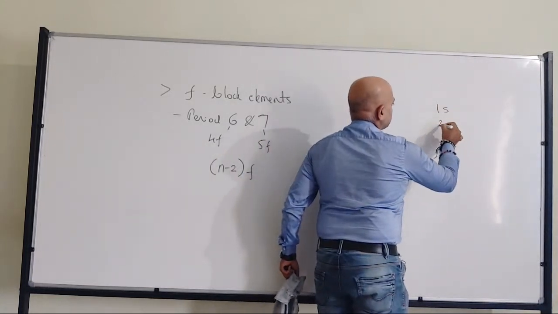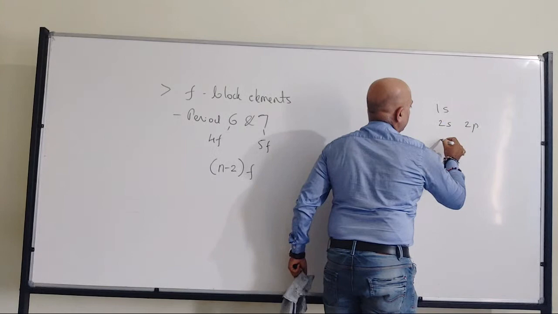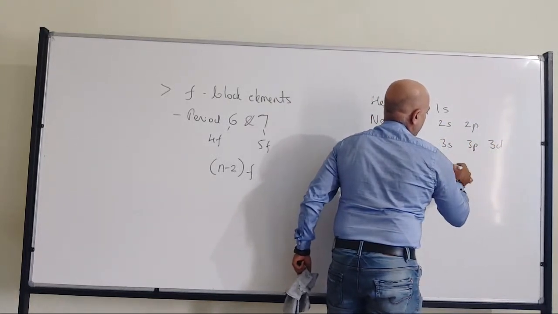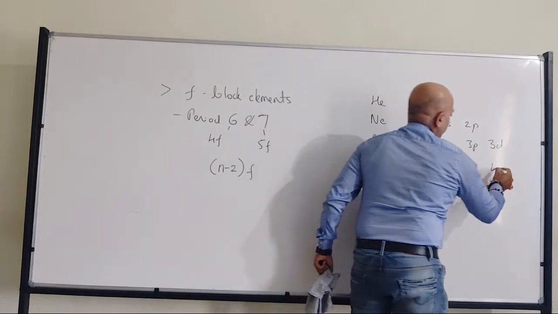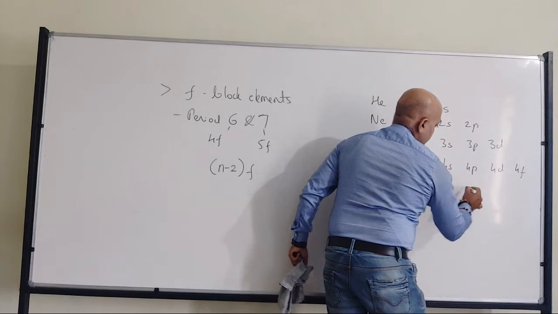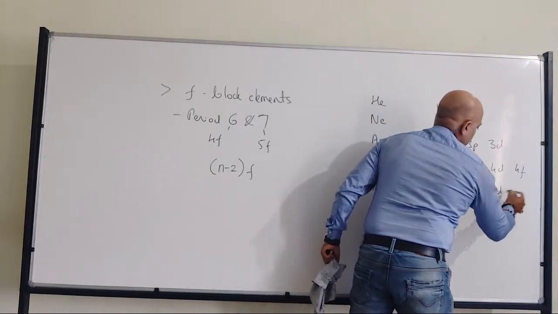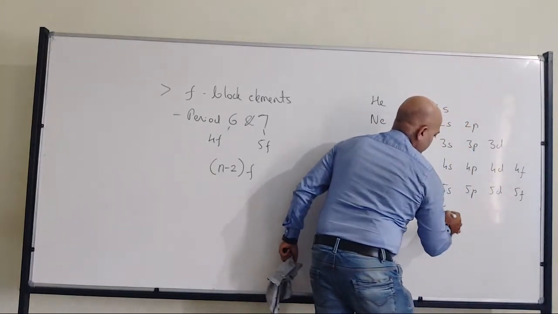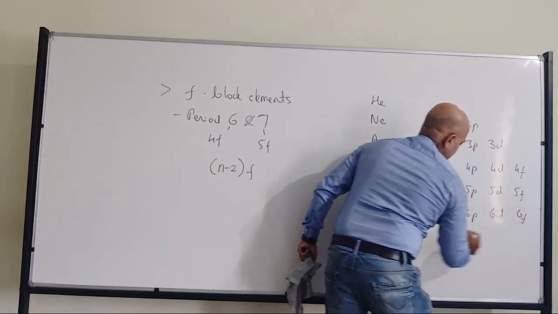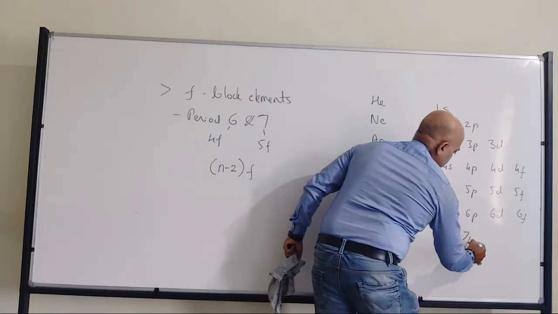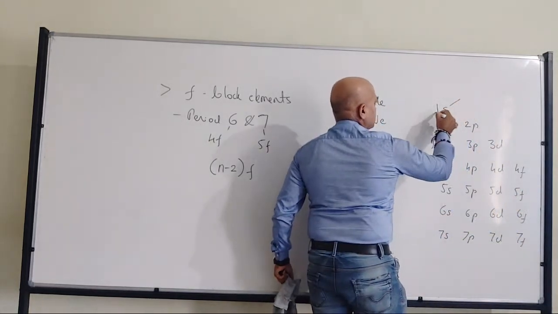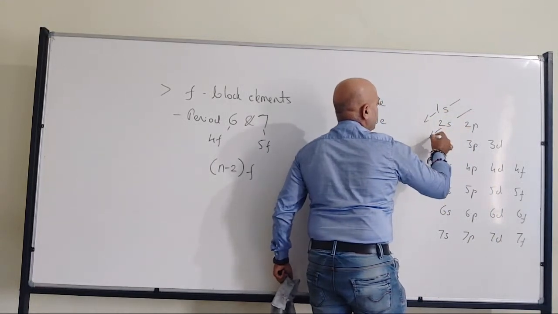Then 1s, 2s, 2p, 3s, 3p, 3d, 4s, 4p, 4d, even up to 7 we will write. So 5s, 5p, 5d, 5f, 6s, 6p, 6d, 6f, 7s, 7p, 7d, 7f. So that's where electrons will be filling up.